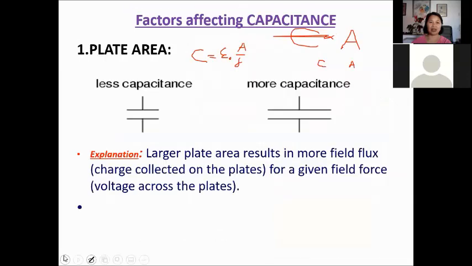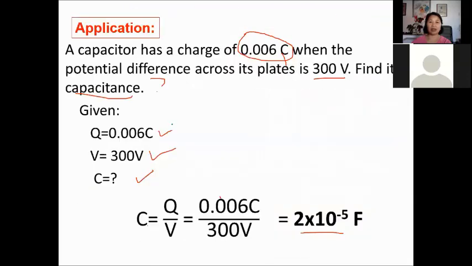Nasaan ba yun? Tama man ang given natin. Or 0.00. Dalawang zeros lang. Point 0.006 tapos divided by 300.